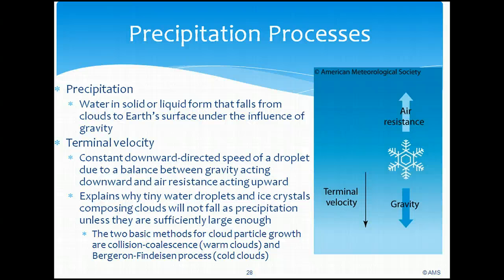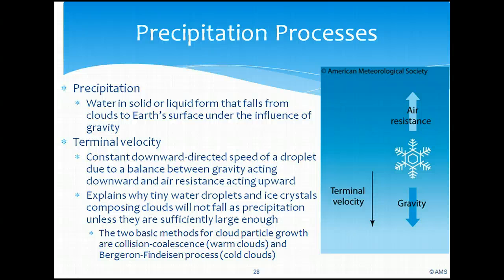This terminal velocity helps to explain why the tiny particles that compose clouds don't fall to the earth as precipitation unless they undergo fairly considerable growth. For clouds to precipitate, then, cloud particles must grow large enough that their terminal velocities overwhelm the air resistance that is keeping them from falling.